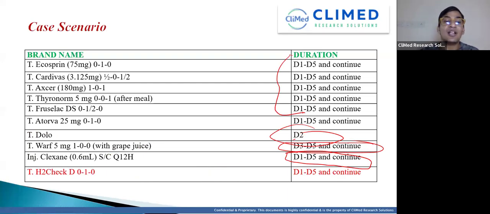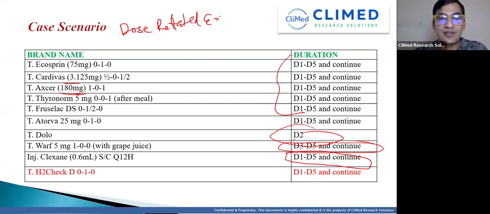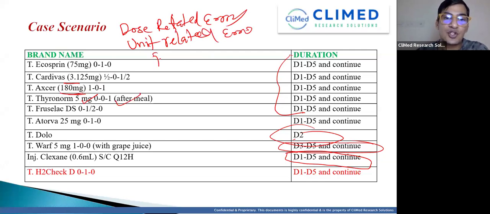So guys, what have you learned from this prescription? First of all, see here. Dose related errors. Unit related errors. Then instruction related errors. Then again dose related errors. Frequency related errors.